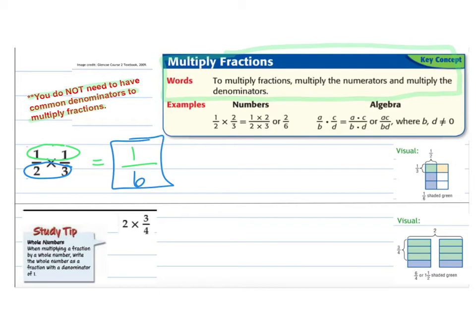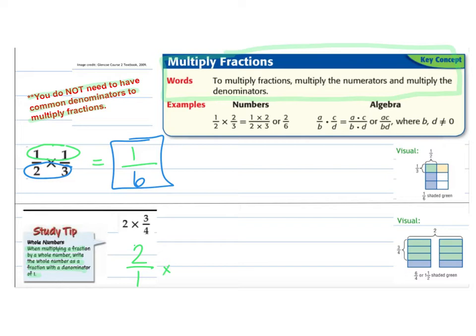Okay. Another thing to note that you should write down in your notebook: when multiplying a fraction by a whole number, you need to write the whole number as a fraction with a denominator of 1. So we have this example here, 2 times 3/4. I'm going to take this whole number and write it as a fraction. And whole numbers always go over 1.